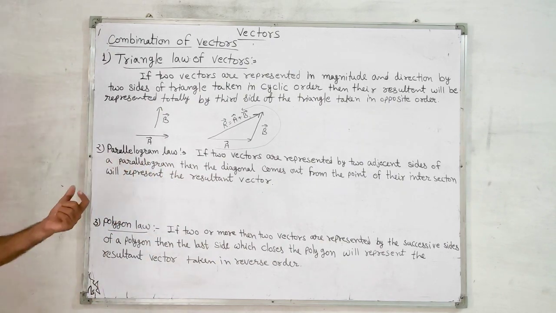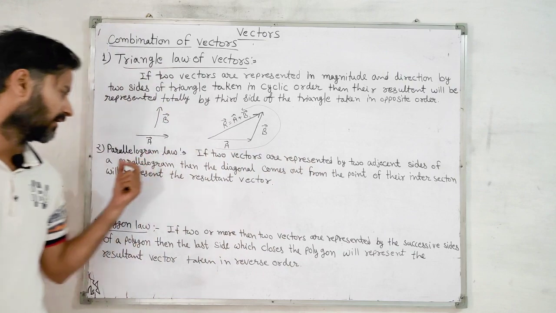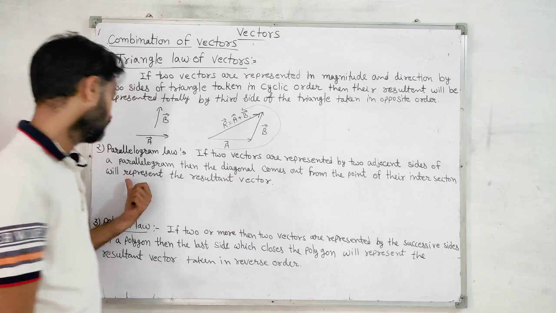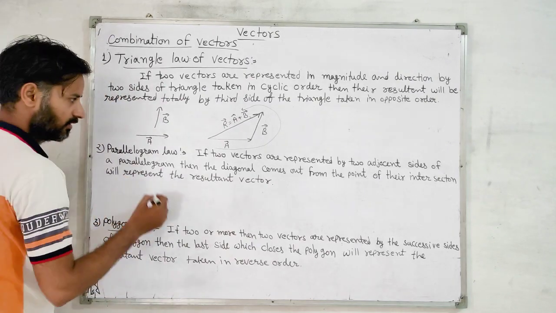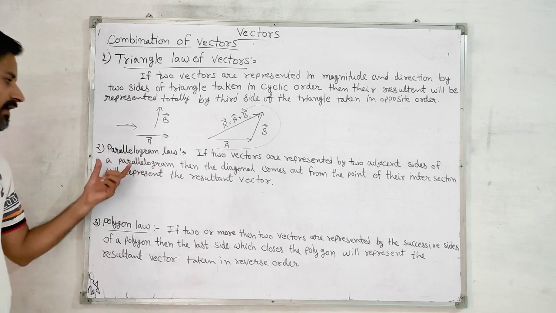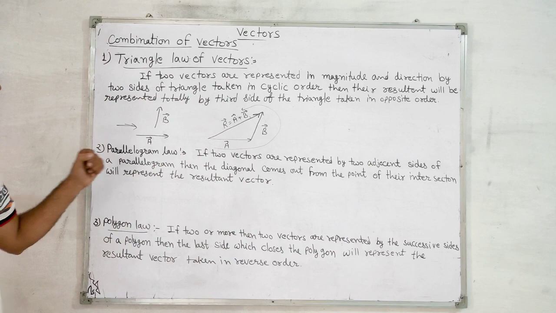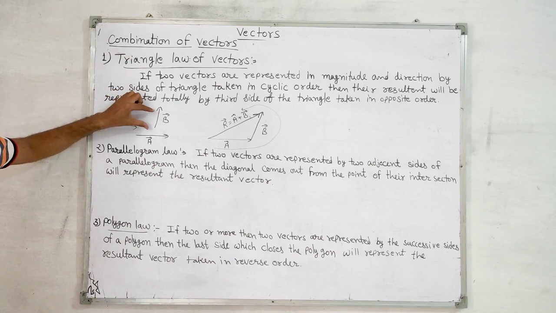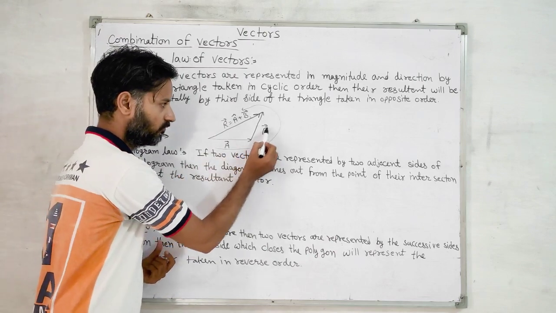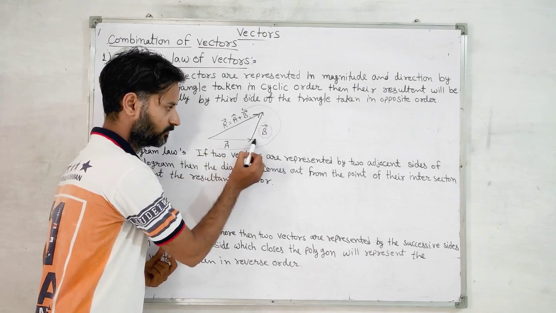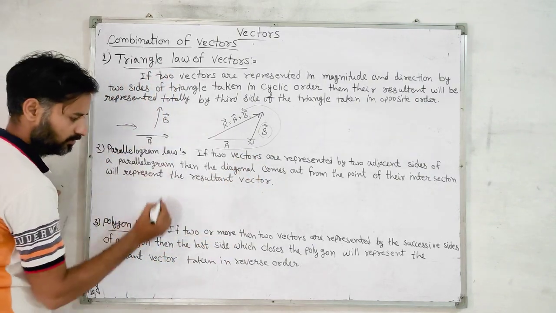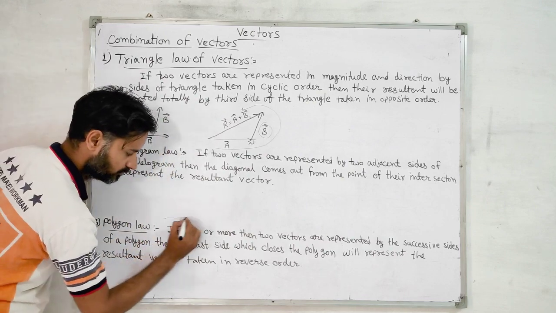In the parallelogram law, if two vectors are represented by two adjacent sides of a parallelogram, then the diagonal coming out from the point of their intersection will represent their resultant vector. If we have these vectors and we want to combine them using the parallelogram law: in the triangle law, both vectors are added like this, with the tail of one vector placed on the head of another vector, and in the parallelogram law, the tails of both vectors are joined together.